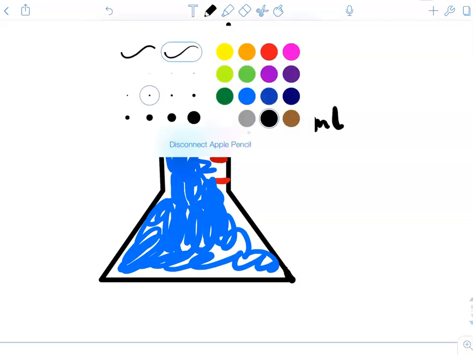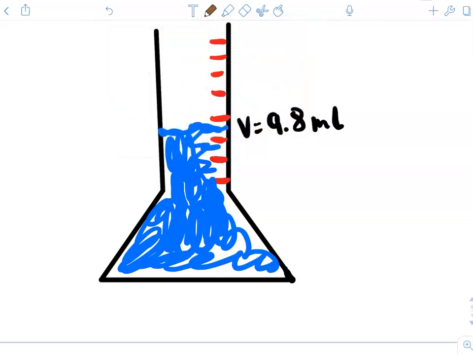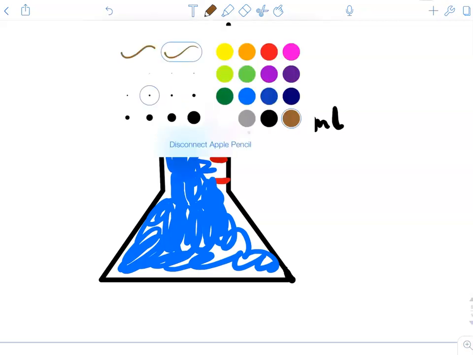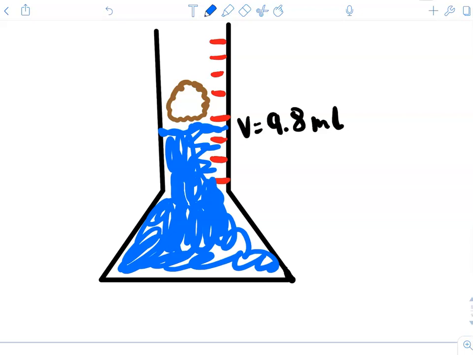Well, then I'm going to put a rock. So I've got this water already in my graduated cylinder. Now I'm going to add a rock. And I know that's not the most amazing rock in the world, but it works. So whenever I've done that, what's happened is my water level has now risen because I've put this rock in there.